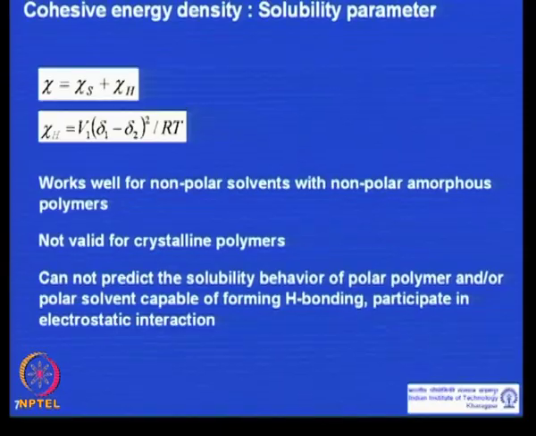In case of a polar solvent, you can have specific interaction between the polymer and the solvent. For example, it can have hydrogen bonding, it can participate in electrostatic interaction. If there is specific interaction like hydrogen bonding or electrostatic attraction between the polymer and solvent, then there is a possibility that delta H mixing would be negative, and the solubility parameter approach does not predict any negative value of delta H mixing.